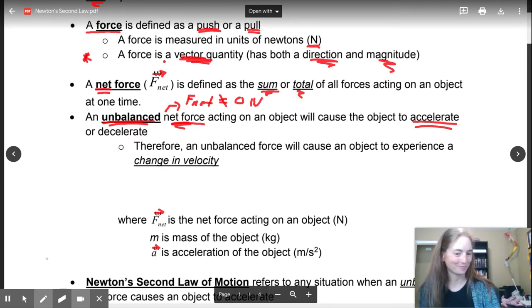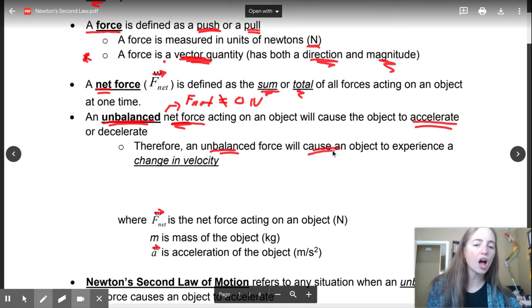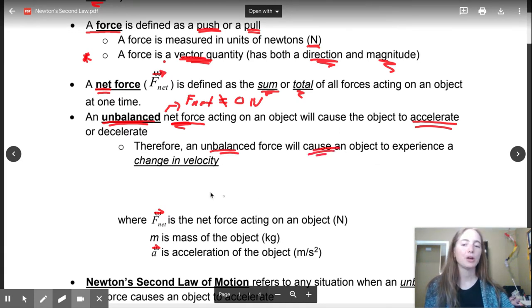So, ladies and gentlemen, an unbalanced force is going to cause an object to experience a change in velocity. Well, what happens when an object's velocity changes? Acceleration.